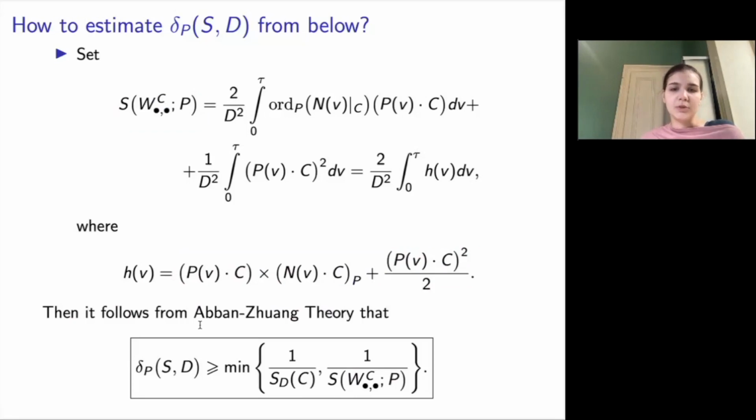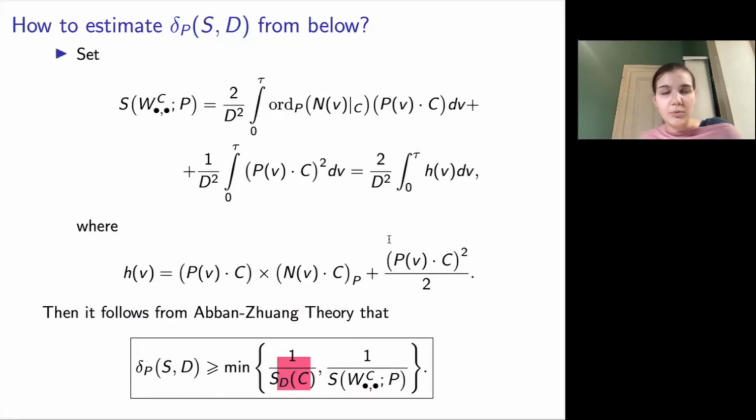Then it follows from Abban-Zhuang theory that this local delta is greater or equal than the minimum of these two inputs. So this is 1 over S integral, which we calculated earlier, and this is 1 over S_W integral, which we calculated now.